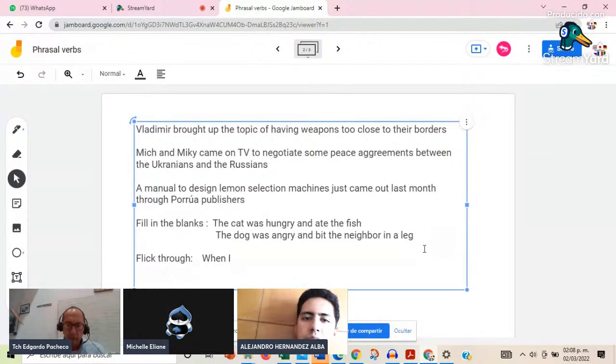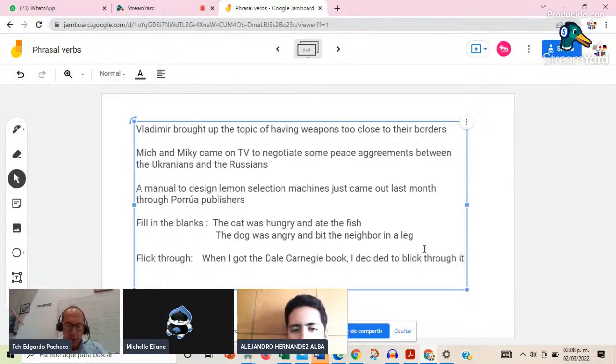Well, the book of Dale Carnegie. When I got the Dale Carnegie book, I decided to flick through it immediately. Okay, that's a good example.